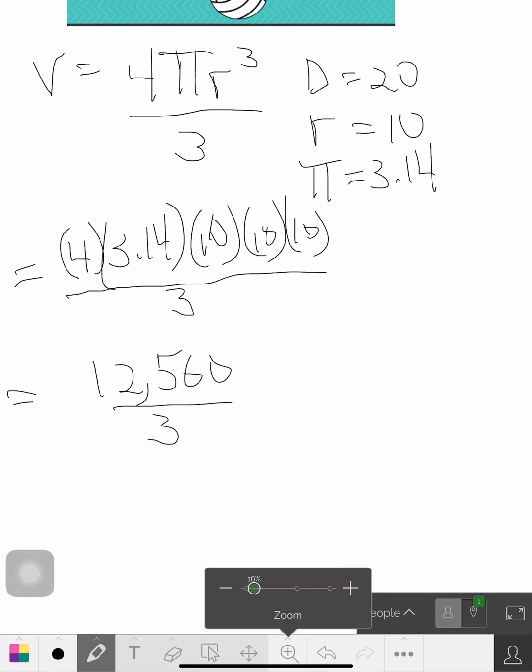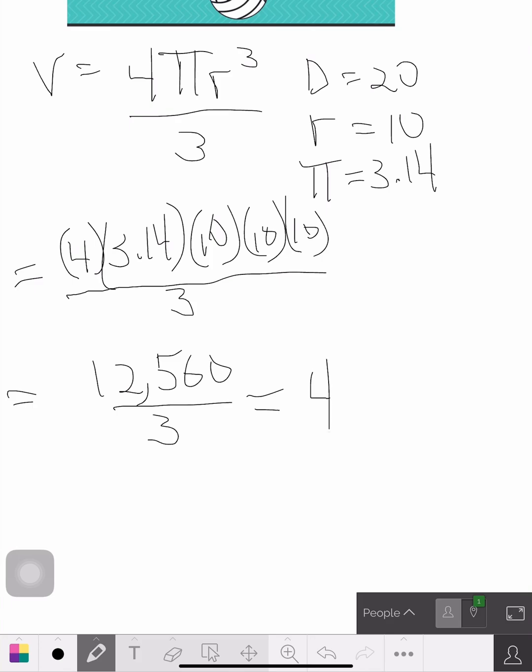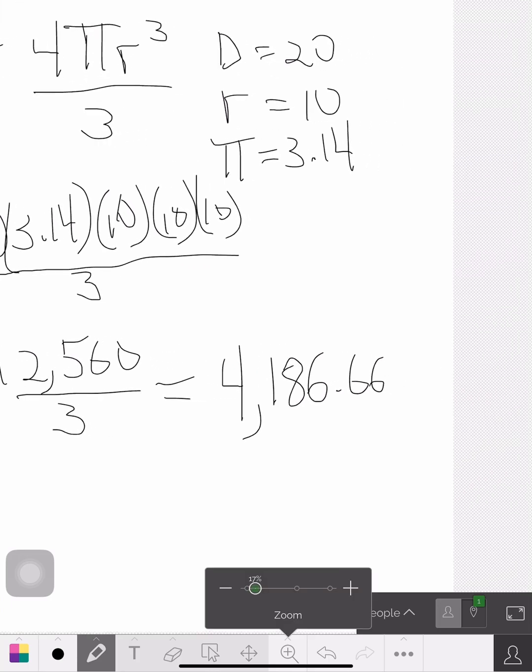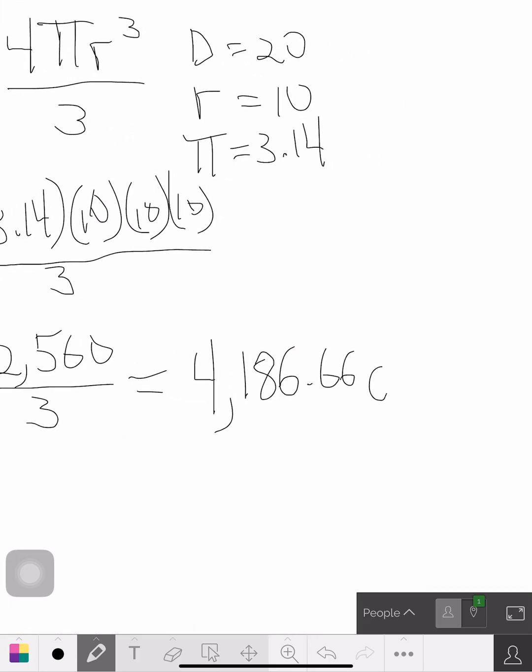That's going to equal 4,186.66. And now what we got there, it's centimeters, and it's cubed. Don't forget there was a 3 up here. So it's centimeters cubed, and that's the answer.